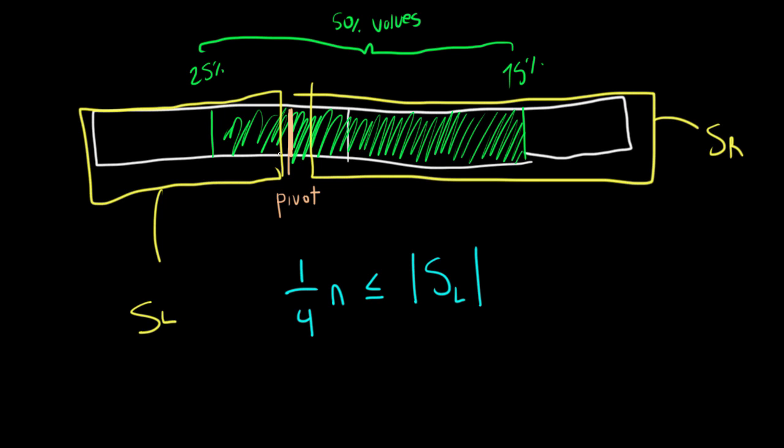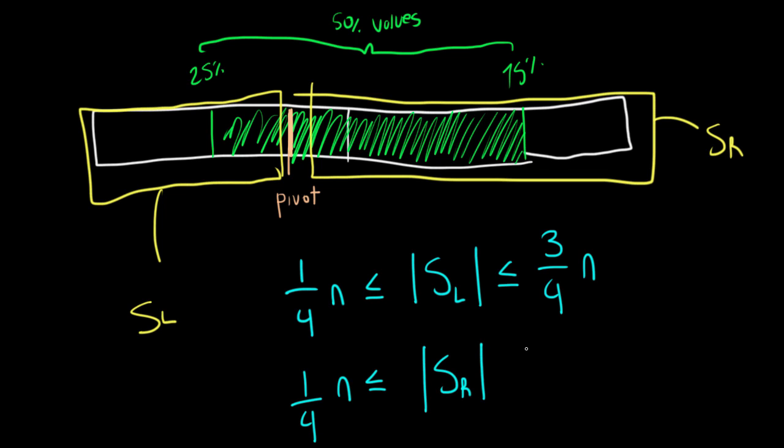So the pivot is greater than the 25th percentile, and we're able to write that. And we also know obviously that it's going to be less than or equal to 75% of the data. So we have that right there. And we can write something about the other one, the SR. We can go ahead and write the exact same thing.